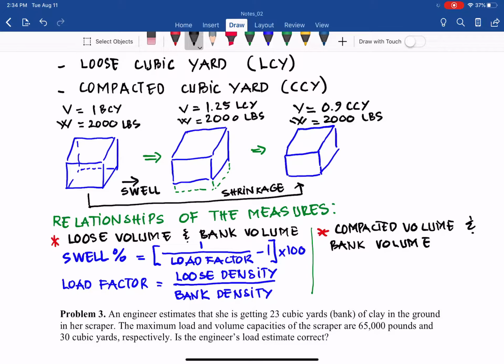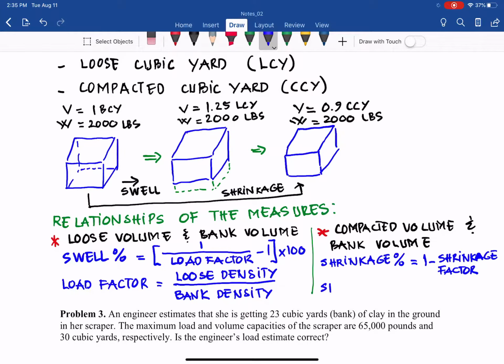So we have the same equation. I have the shrinkage percentage measured by shrinkage, as you can see on the graphic. In percent, it is equal to 1 minus shrinkage factor. And then what is the shrinkage factor?